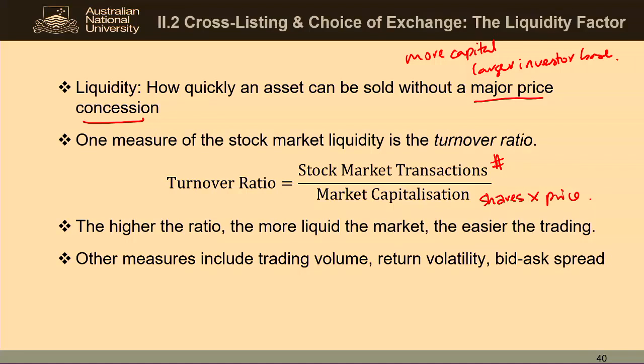If we're looking at volatility of the prices as a measure of stock market liquidity, do we want smooth volatility or do we want jumpy volatility?